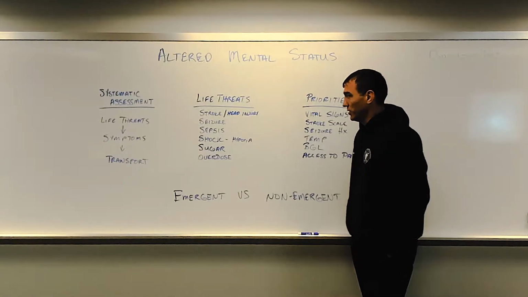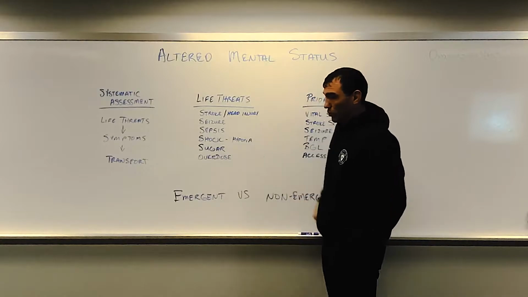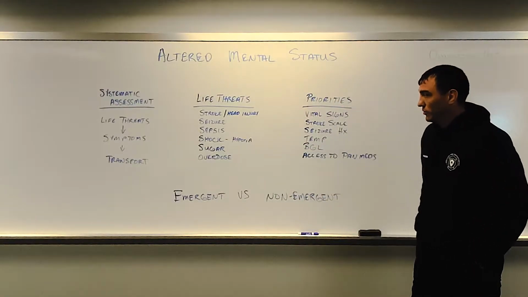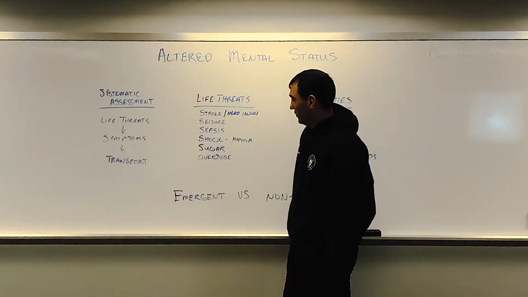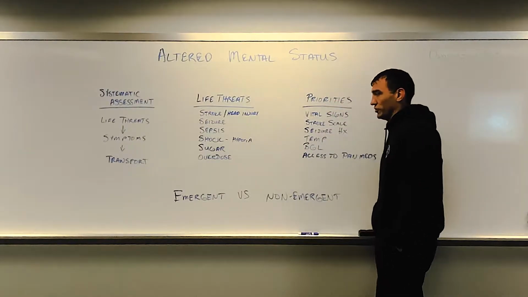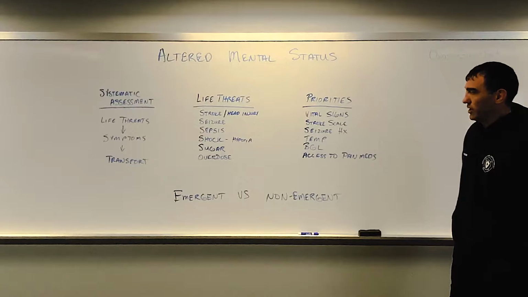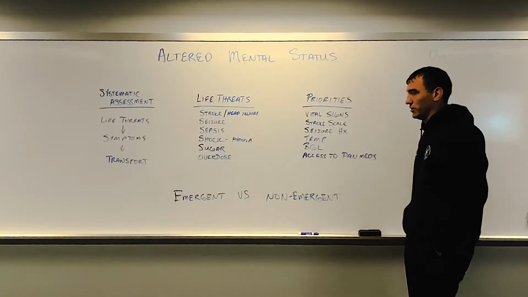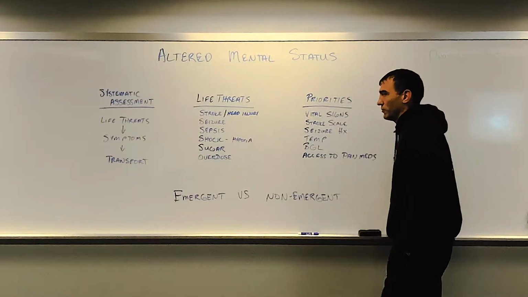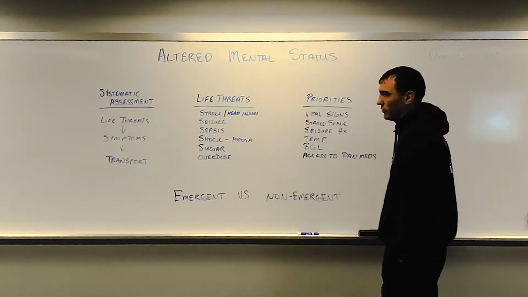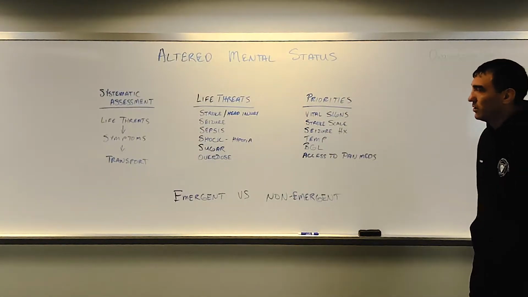So the stroke's going to be one of the more common ones, plus it's one of the more dangerous ones. Next is a seizure. Third is sepsis. Fourth is shock, in particular in this case, generally shock that's from hypoxia. There's sugar, and then an overdose. So this is straight from the protocol. These are the things they want you to address, and this kind of addresses your life threats.